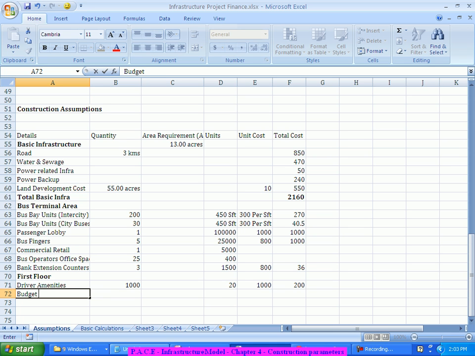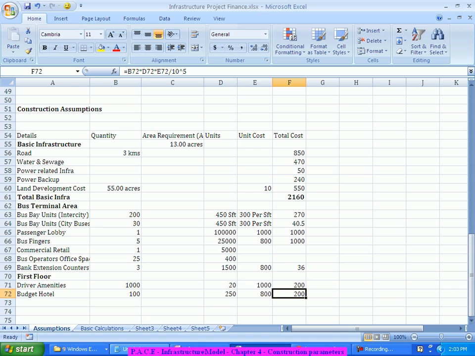Then budget hotel with almost 100 rooms. Now you need to see whether you can get the revenue out of all these or not. Each room with a 250 SFT you are developing, and 800. So now you really need to see how much revenue can you get in all these things.